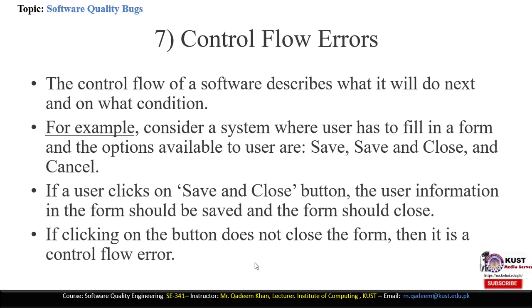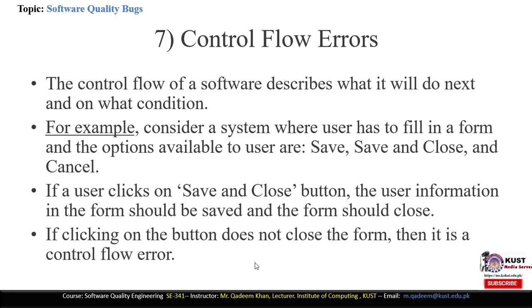Next one is called control flow errors. Control flow errors occur in the software when it is decided what happens next and under what conditions in the program. We have different loops and conditional statements in our programs, for example, transfer of control from one module to another.